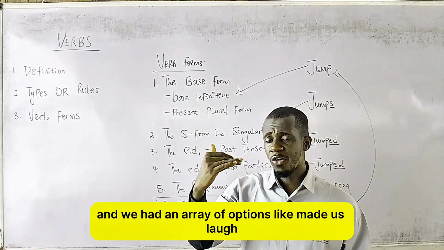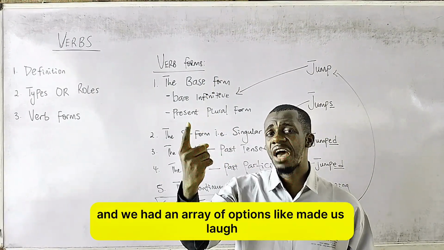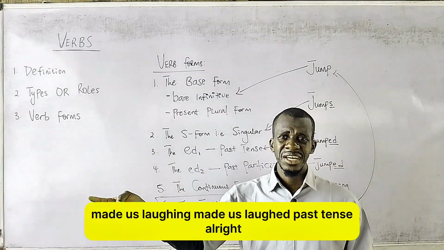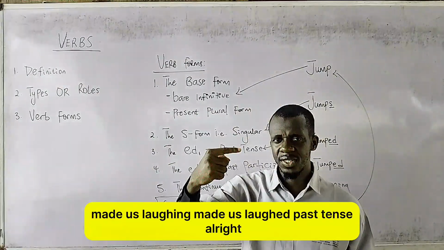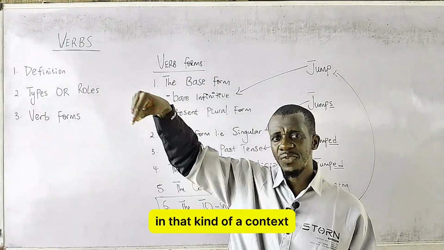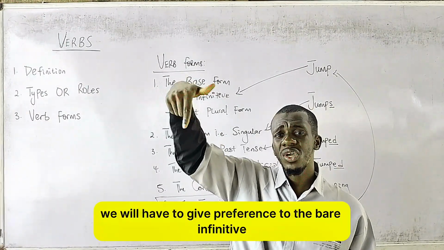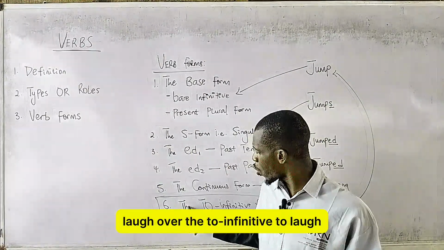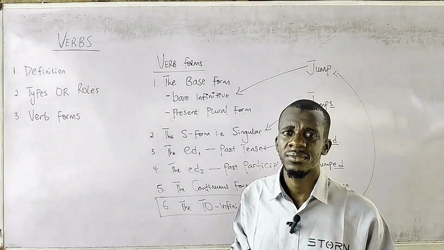And we had an array of options like made us laugh, made us to laugh, made us laughing, made us laughed, past tense. In that kind of a context now, we will have to give preference to the bare infinitive laugh over the to infinitive to laugh.